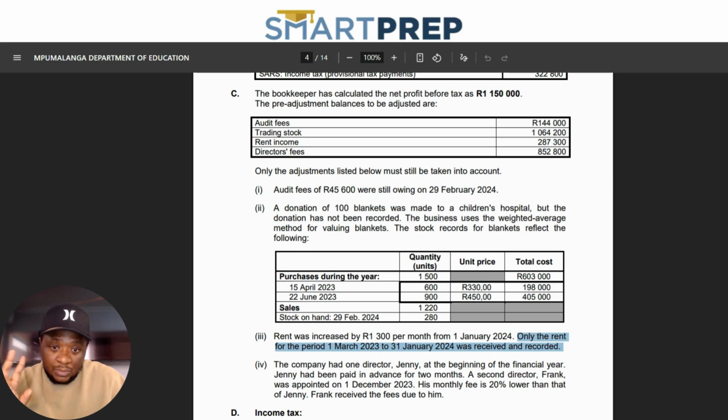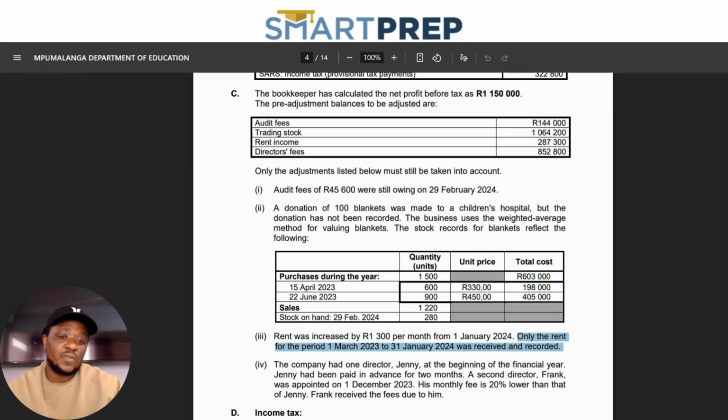All right. And then it says the rent was increased by 1,300 on 1 January 2024. So basically it means that 10 months of this rent were received at a rate that is 1,300 less than what was received for January 2024.